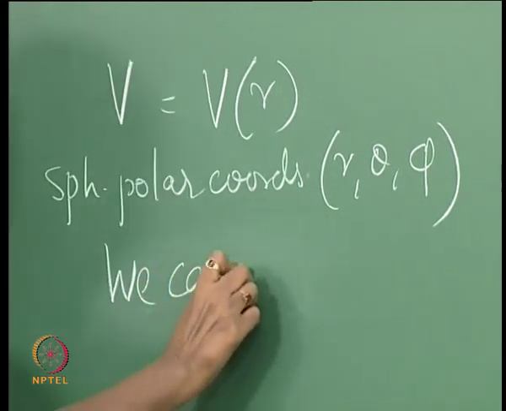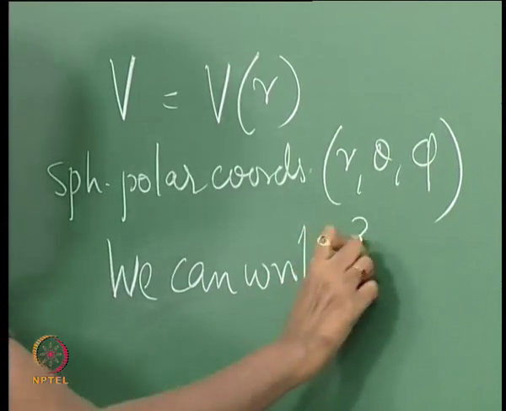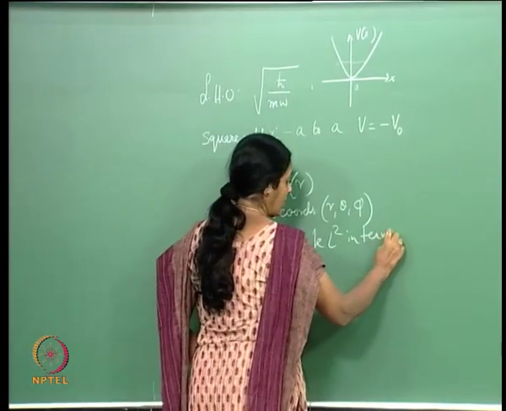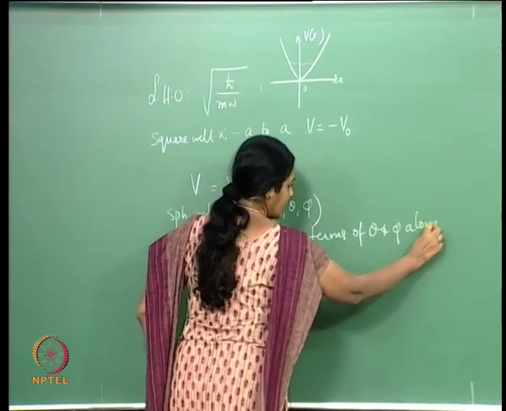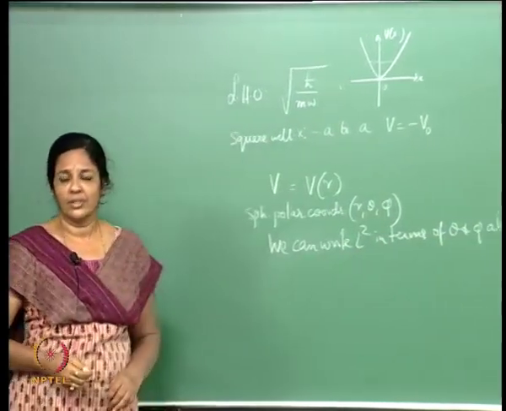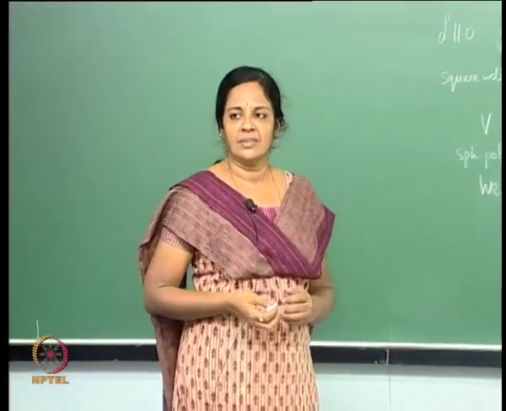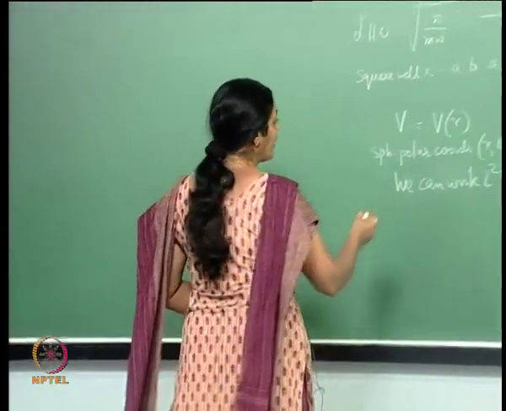We can write L squared in terms of theta and phi and not r, as a differential operator involving delta by delta theta and delta by delta phi, and not the radial coordinate.